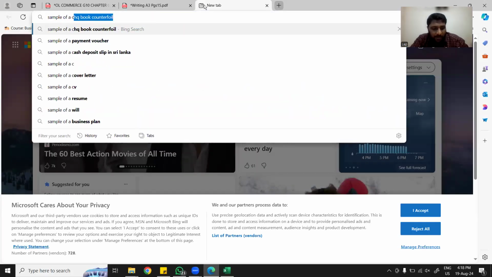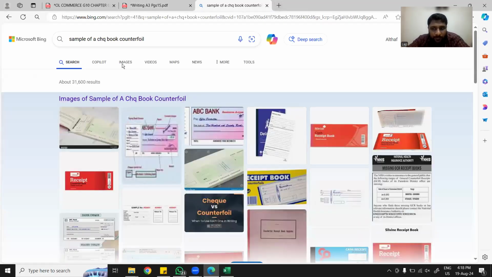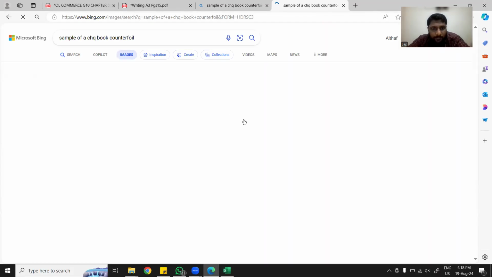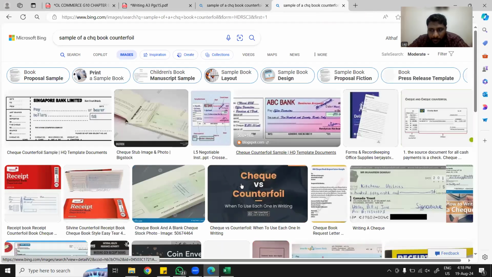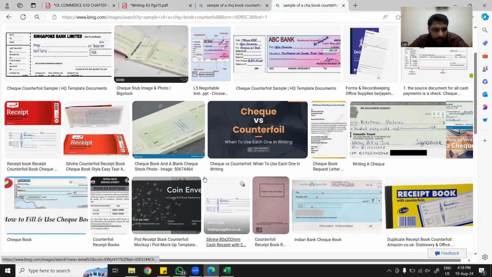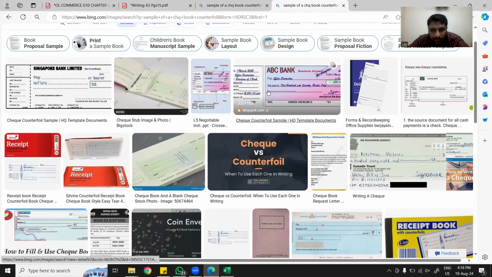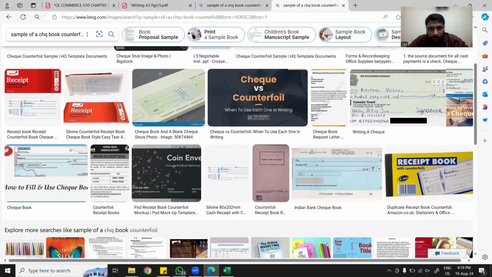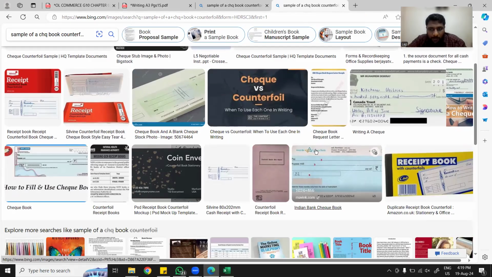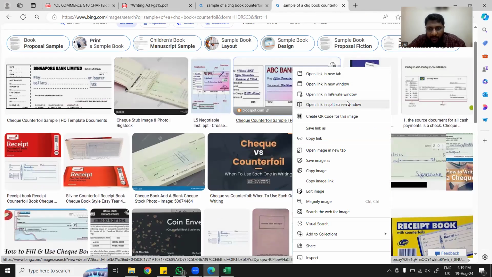Sample of a check. So you see here, I'll take this ABC bank.